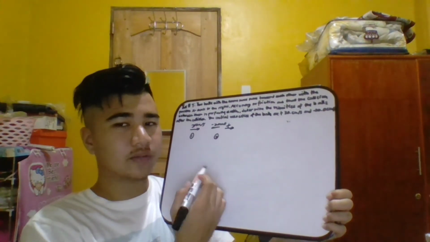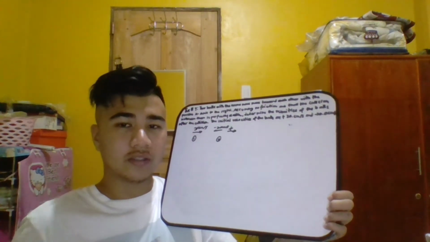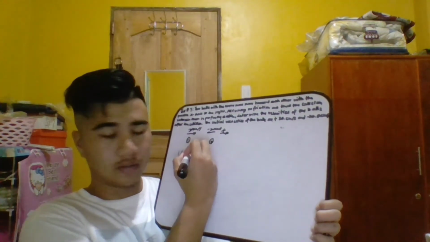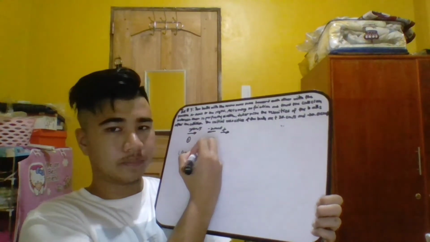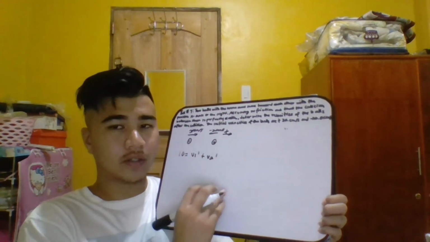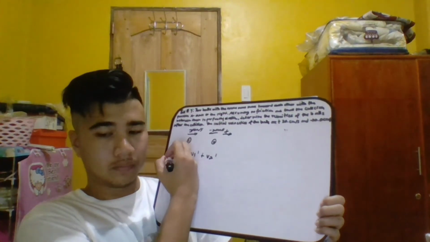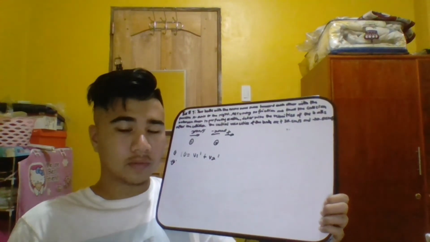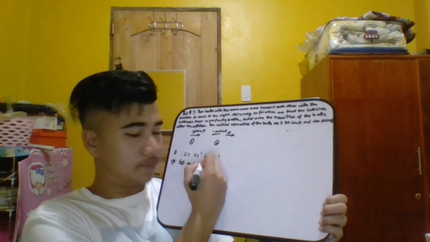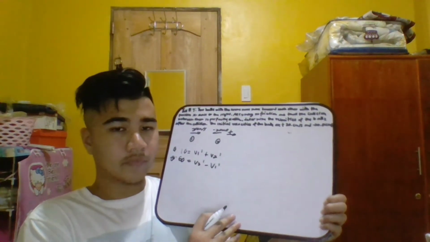We will use the two equations with two unknowns to solve for the velocity after the collision. Our equation 1 is 10 equals v1 prime plus v2 prime, and our equation 2 is 50 equals v2 prime minus v1 prime.